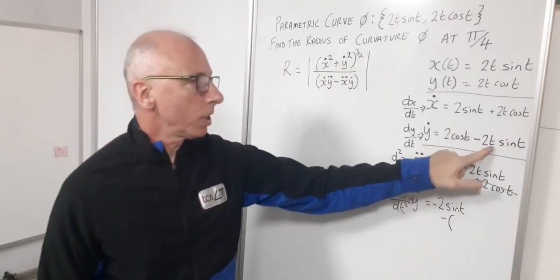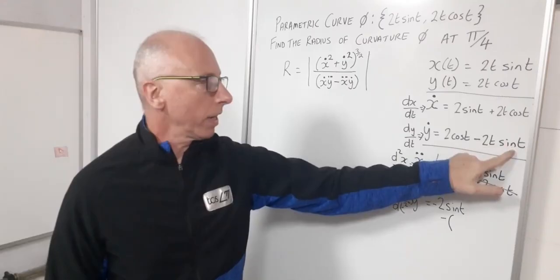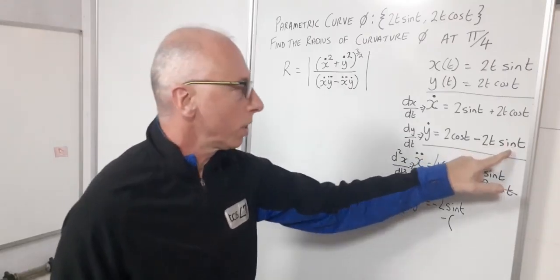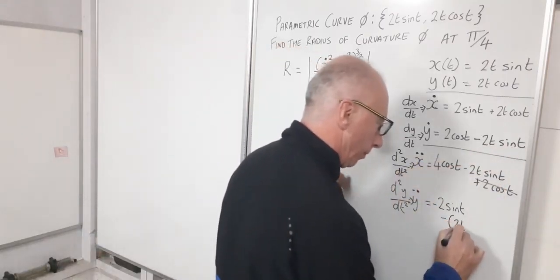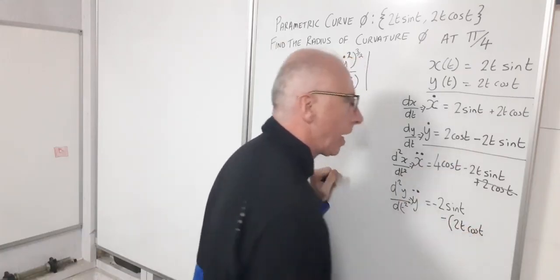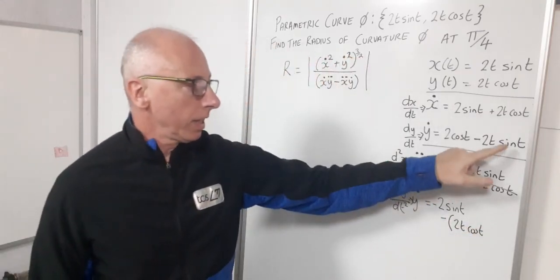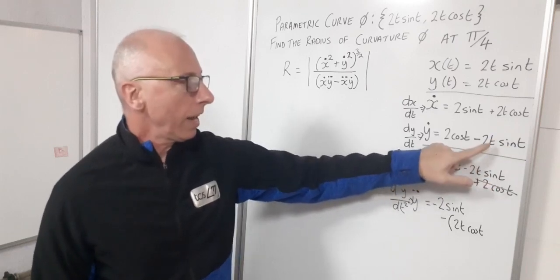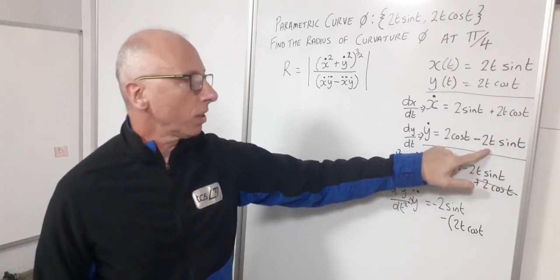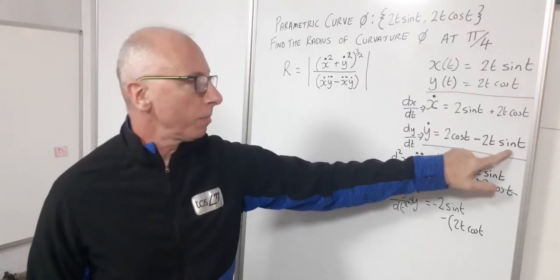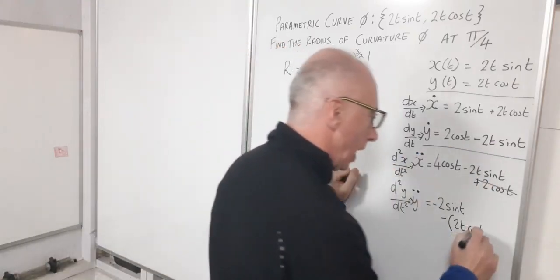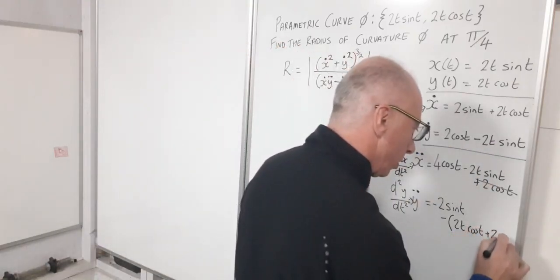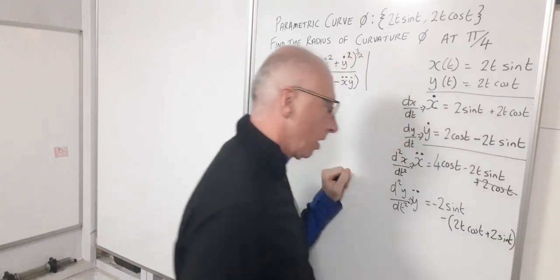So we keep the 2t, take the derivative of sine, which is cosine, so that's minus 2t cosine t. And then if we keep the sine and take the derivative of that, we've then got 2 sine t. So we'll add 2 sine t.